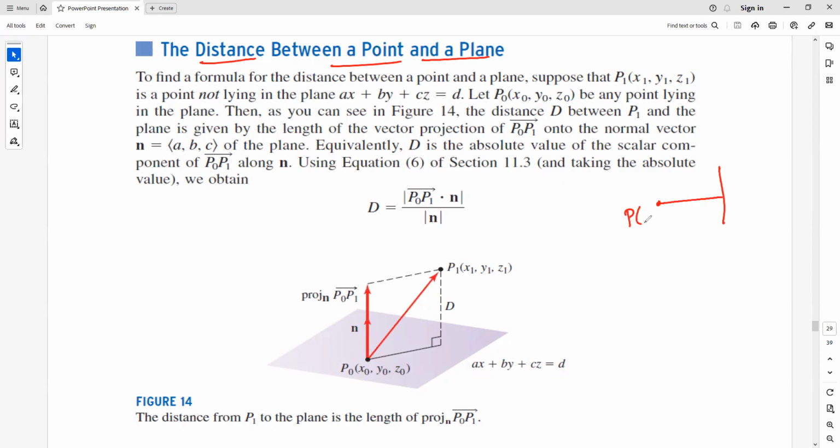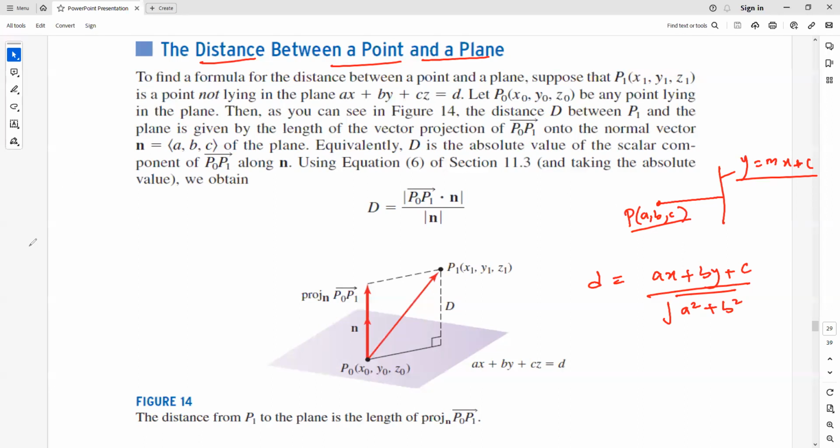If this is a point A, B, C, and this is the line y equals mx plus c, we can find the distance between the point and this line. It is given by ax plus by plus c over square root of a square plus b square.